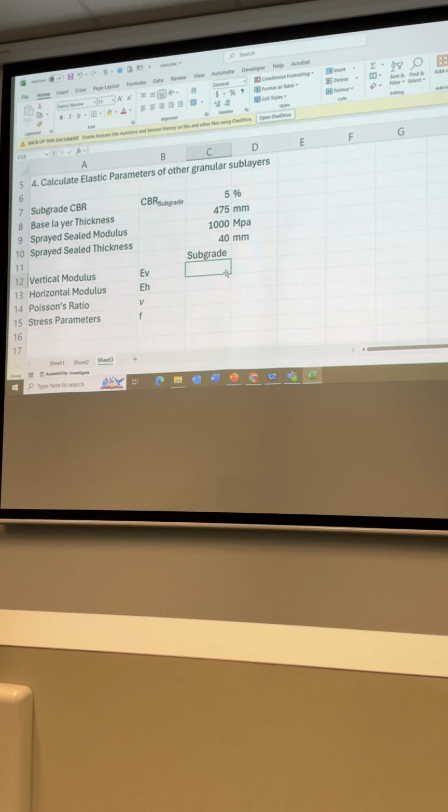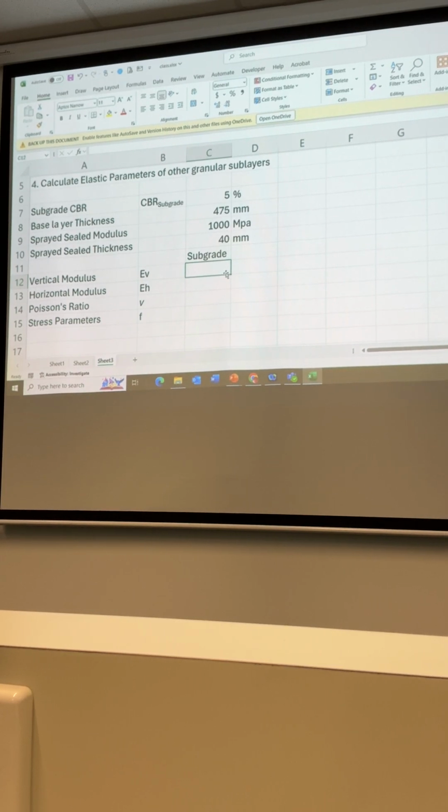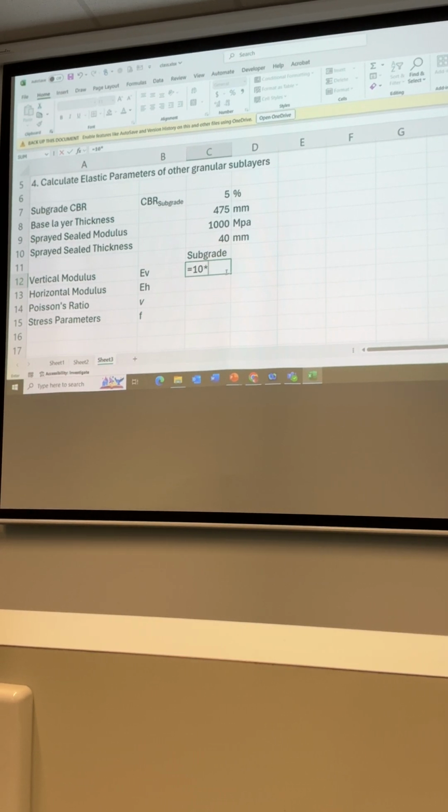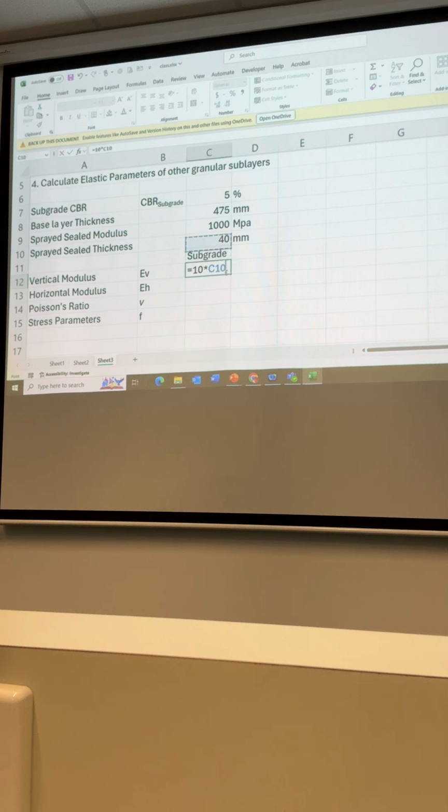So how much is the vertical module of the subgrade? It's going to be 10 times the CBR of the subgrade. I'm going to put here the units.